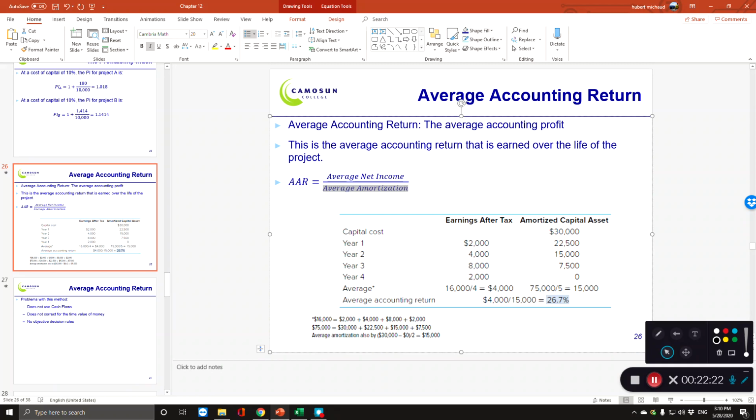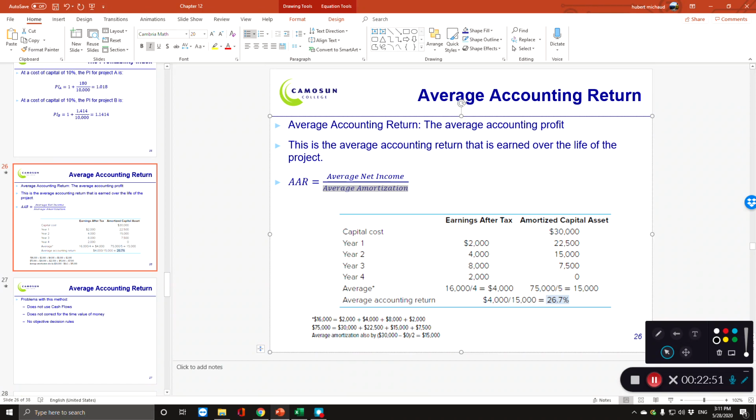Another way of thinking about this, because I'm always going to use linear amortization for these problems, there's a much easier way of finding this 15,000. It's a little bit the same thing we did when we were doing the inventory management. If something decreases at a linear rate, the average is always going to be half of the first value.